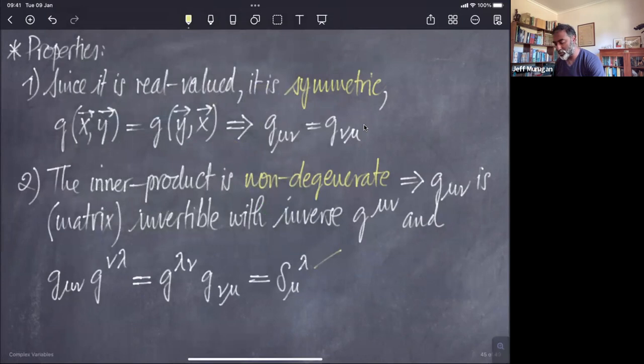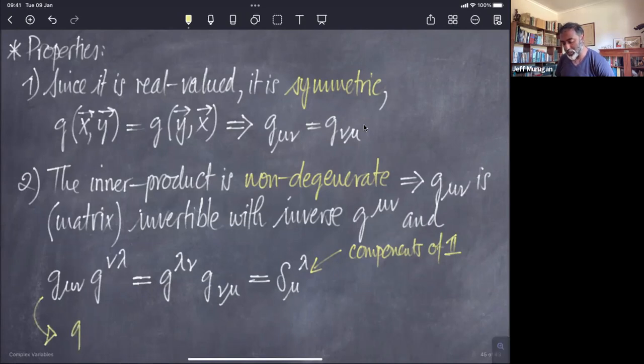These are the components of the identity matrix. So this here is the component form of the statement that G inverse G is G G inverse, and both of them are the identity.